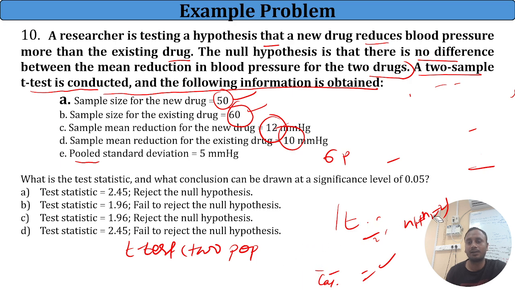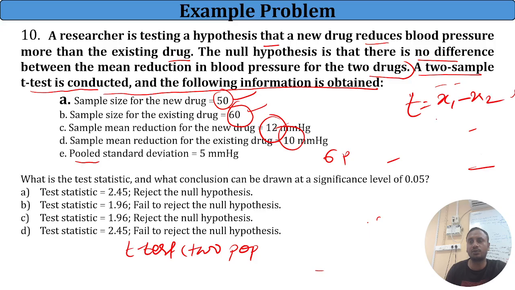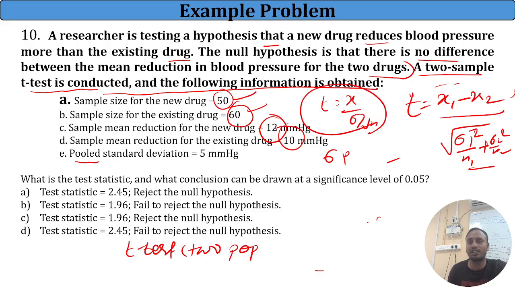Yes, sir. So mu is not given. Mu is not required actually. Okay. So t will be x1 minus x2 upon root of sigma square by n1 plus sigma 2 square by n2, because there is no concept of mu here. So now you can get the value.